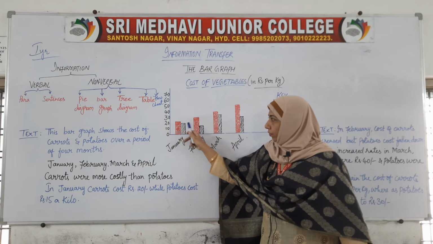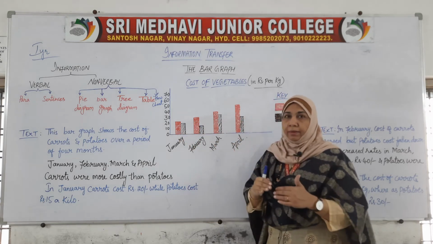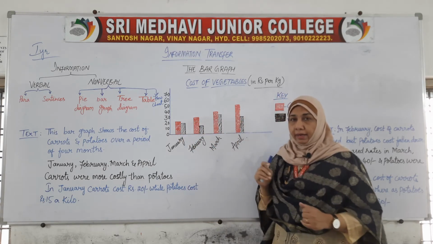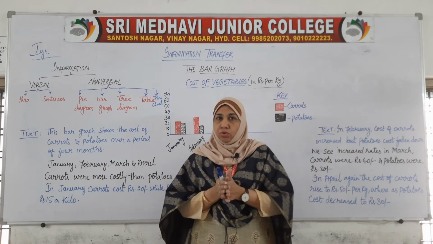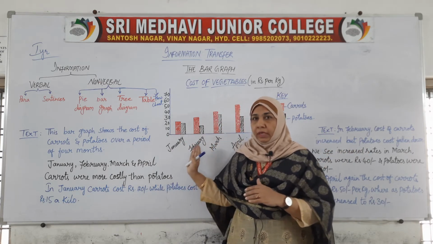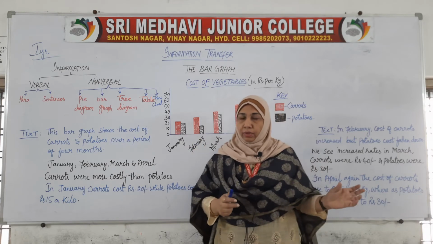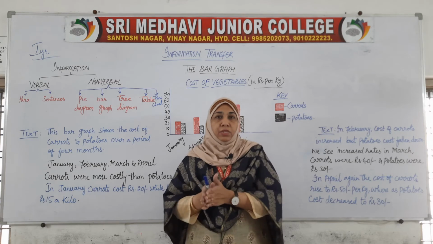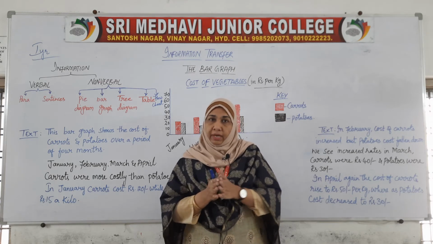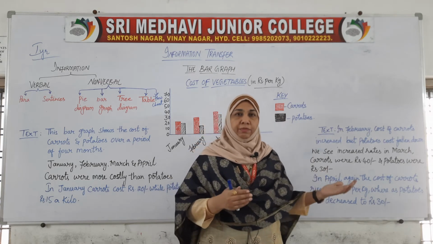It was 15, and now it has come to near 10. It has fallen down. Sometimes there is no need to write down how many rupees. Only by mentioning it, you show that you have observed the bar diagram in a better way, and that could be a compliment for you.